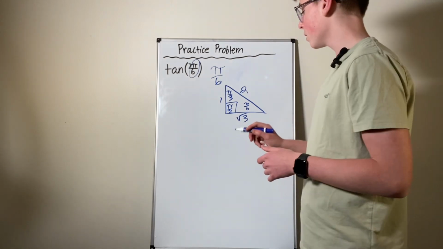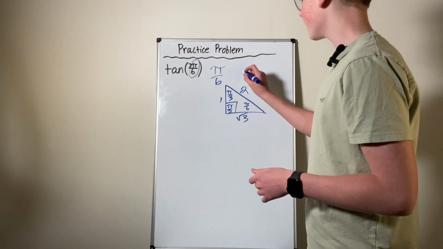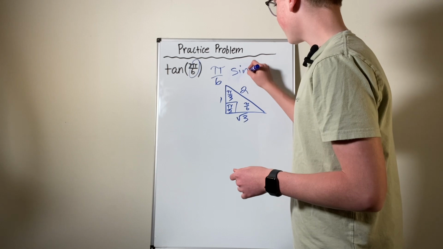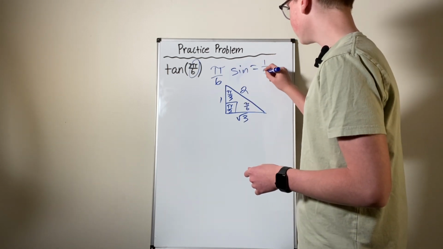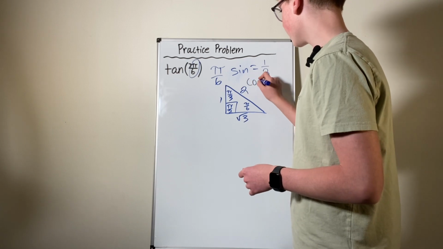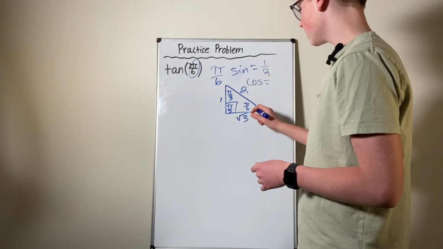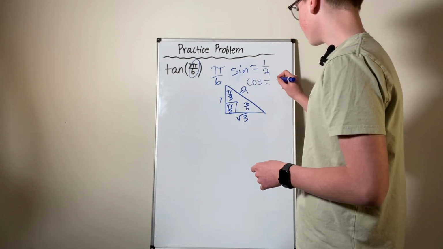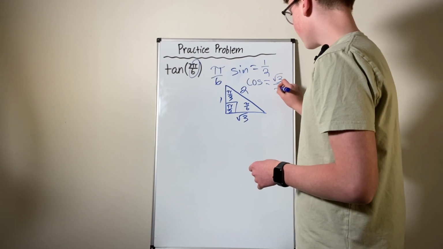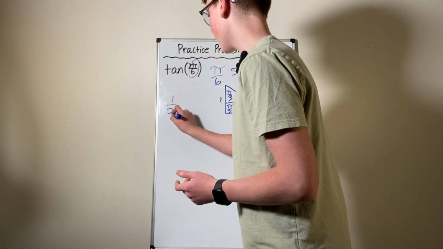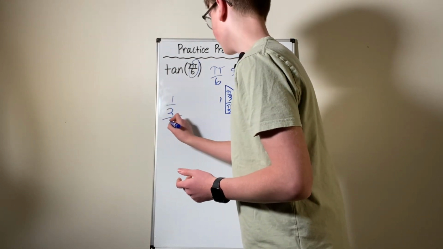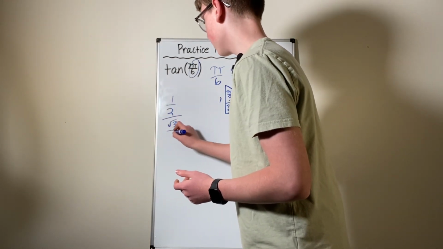So the sine of pi over 6 is equal to 1 over 2. The cosine of pi over 6 is equal to root 3 over 2. And now what? Well, it's sine divided by cosine. So it's 1/2 divided by root 3 over 2.